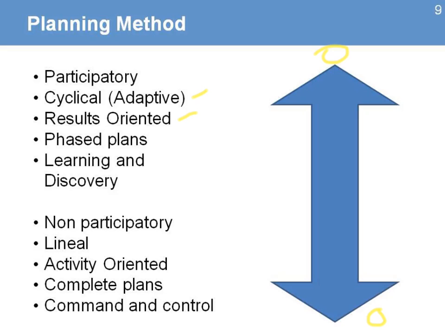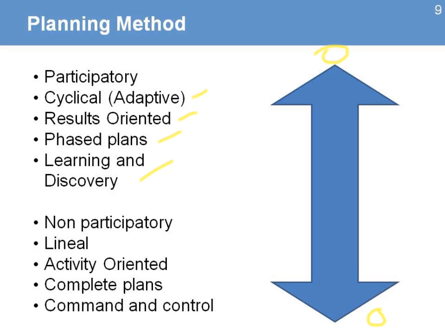It's results oriented. There's more focus on what are going to be the outputs that the team needs to produce, phase plans, and it's a learning and discovery process, because it could be that your project is something very new and there's not much experience about what we need to do, so the learning and discovery of the process of implementing helps you identify opportunities to improve your plans.